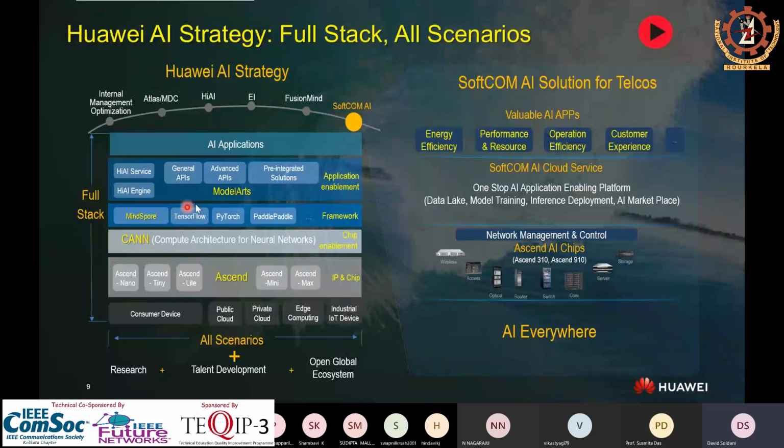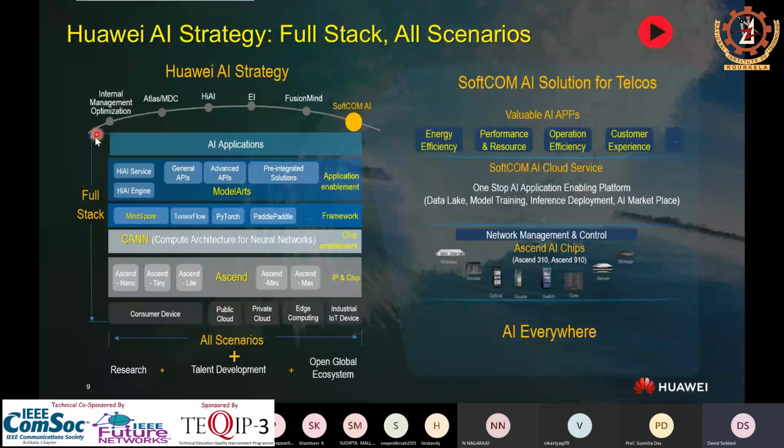And on top of this, we now have available in the cloud the application enablement platform, which is ModelArts, where you can have access to the cloud platform, where you can upload your data and train your model, and then push your model down to where this inference should take place. It could be in the device, at the edge, or within the cloud platform.